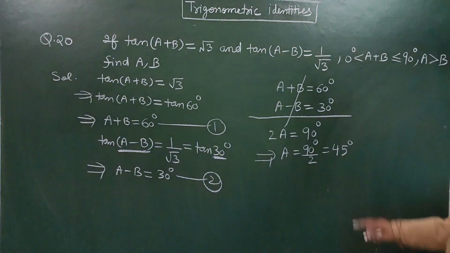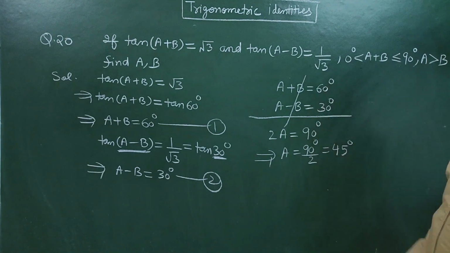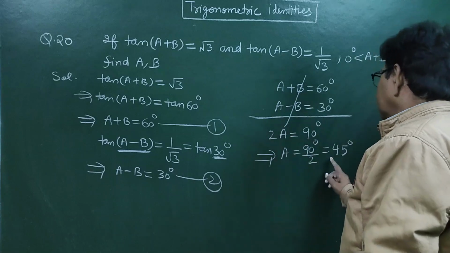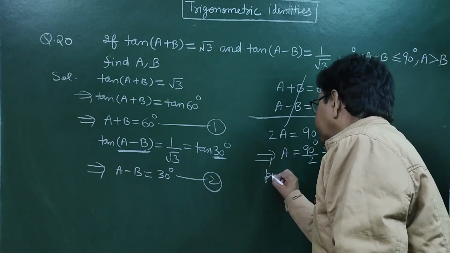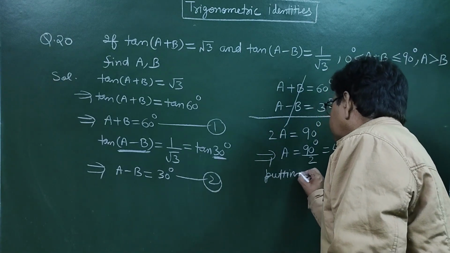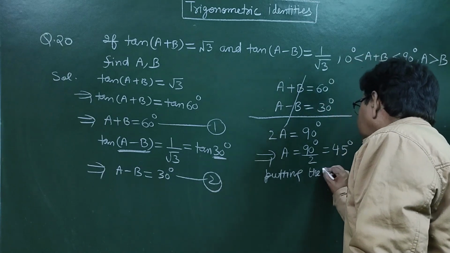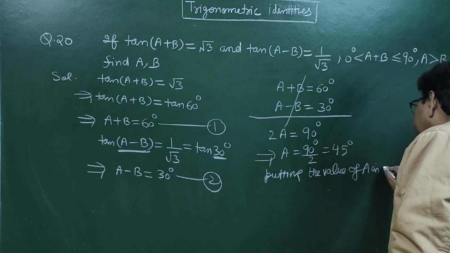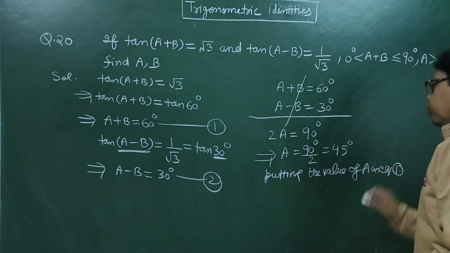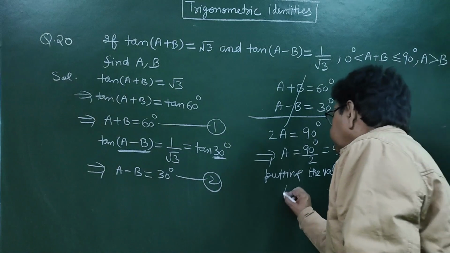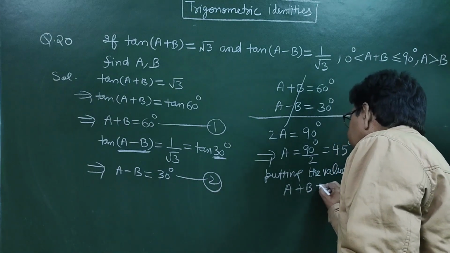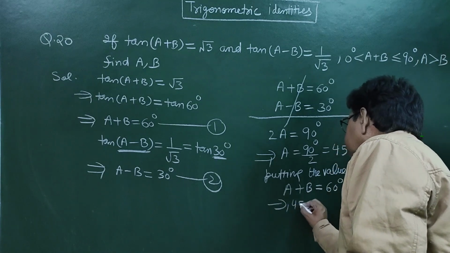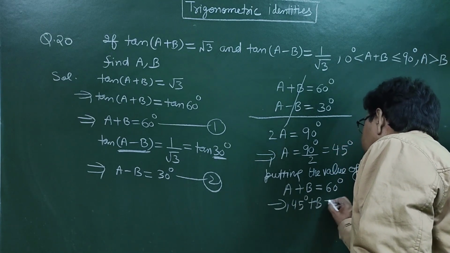Now you can put the value of a in either the first or second equation. I am putting the value of a in equation first. a plus b is 60 degree, a is 45 degree plus b is equal to 60.